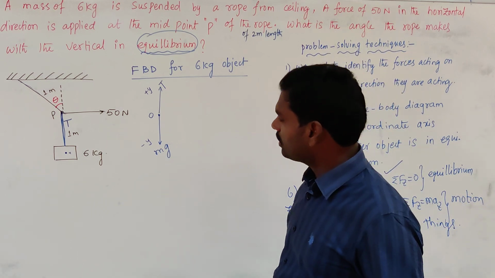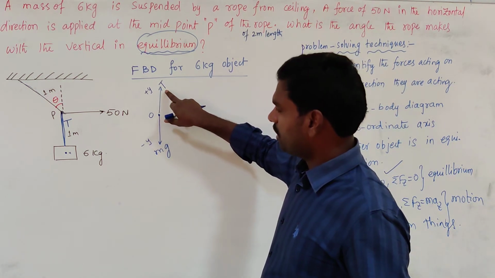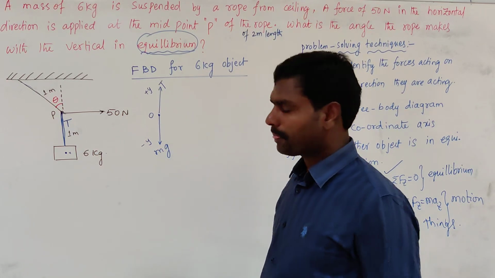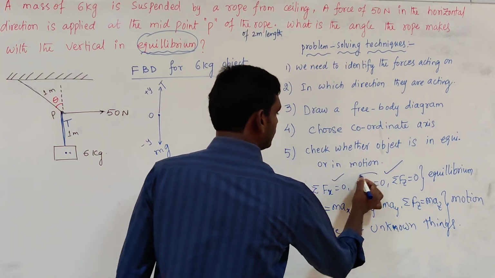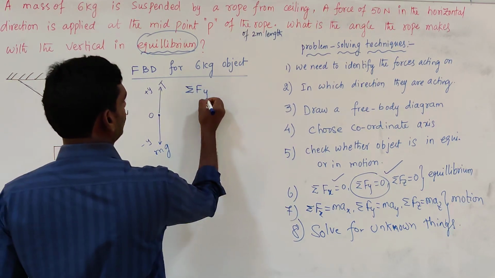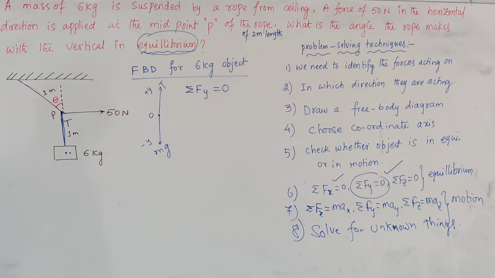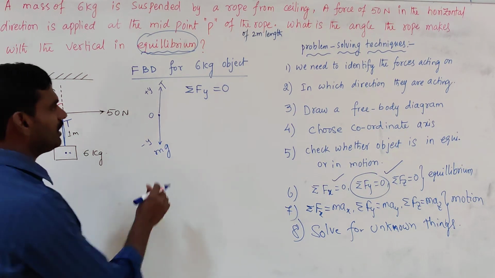So what are the forces acting along y? Y components of forces are there. Tension and mg are acting. So we need to apply this condition here, that is sigma Fy equal to 0. The sum of forces acting along the y-axis is equal to 0. So what is the sum?